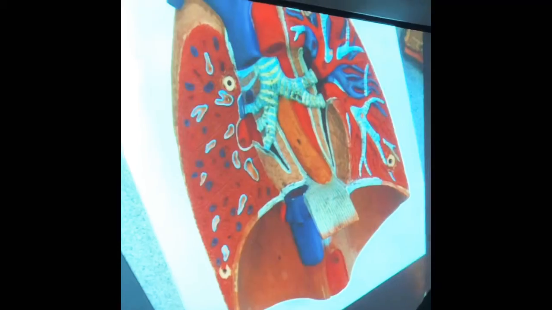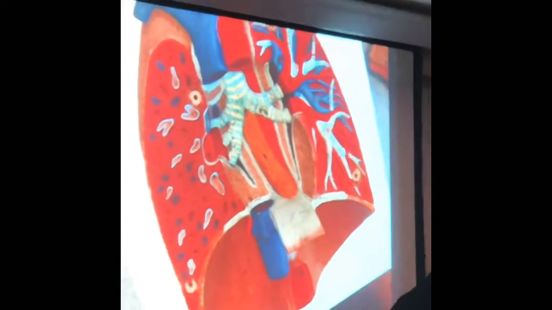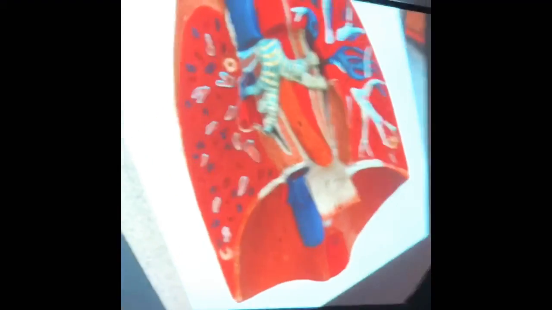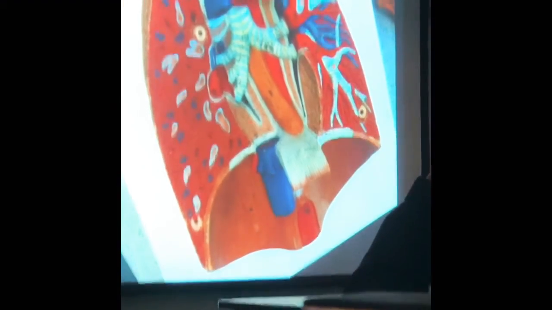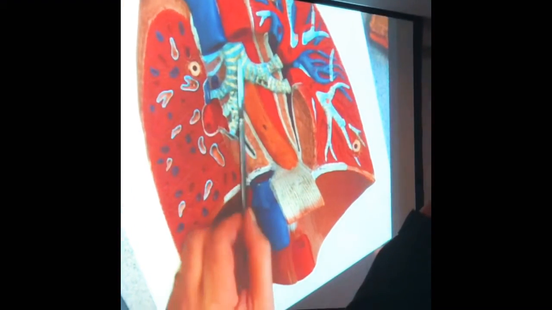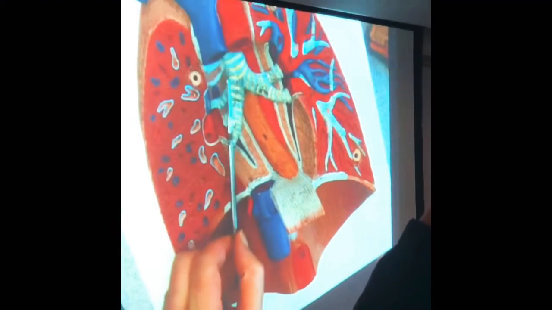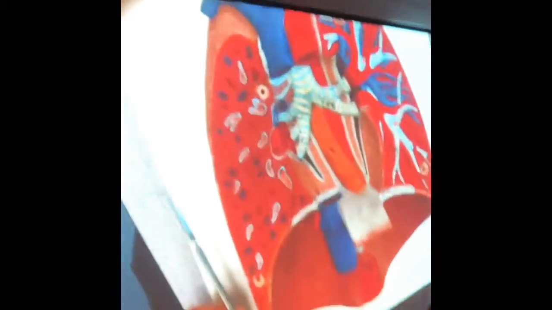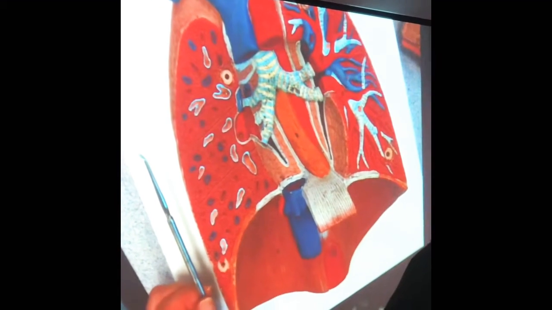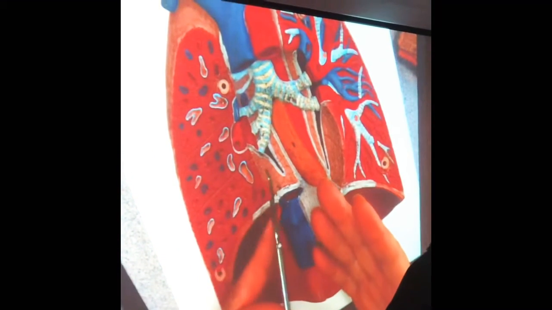Most aspiration pneumonias that we see near the terminal stages of Parkinson's or MS, because people can't swallow anymore, tend to be on the right side in that lower lobe. And it's a function of the fact that it's more horizontal and wider here. Typically, healthy people, when we swallow food and water, we don't have that issue.